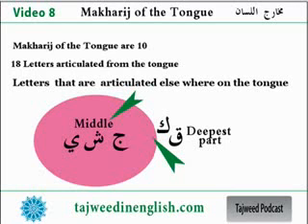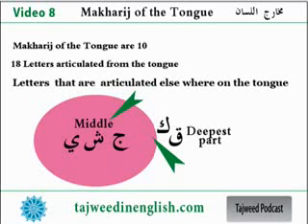This is actually called taghlib in grammar, linguistically. They call them lisan, but actually not all the letters come from the lisan, the tongue. When we look at the parts of the lisan, the parts of the makhraj, there are 18 letters articulated specifically from the tongue.